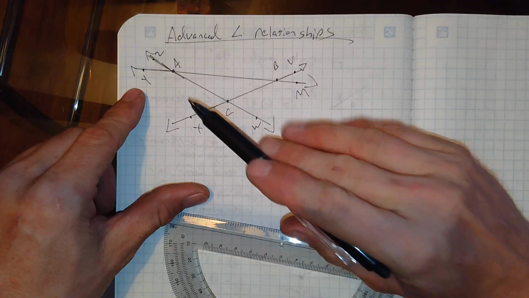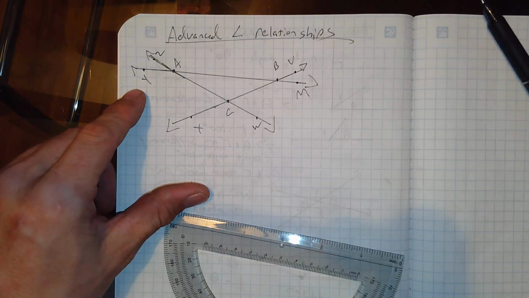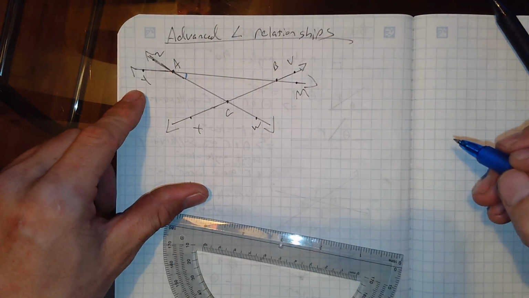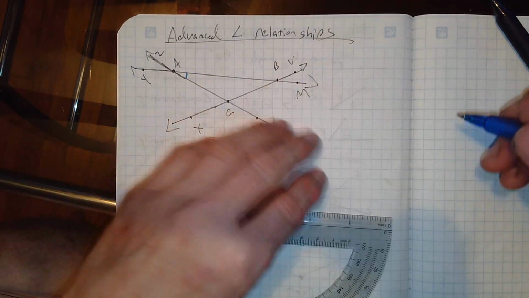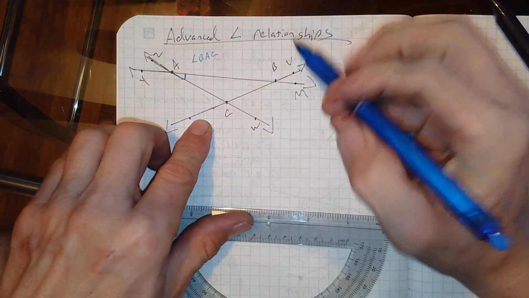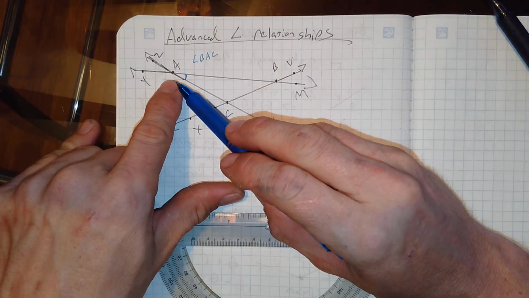So we use a three-letter system to identify angles. Let's talk about this inside angle right here. This is angle BAC. It could also be CAB, but what's important is that the middle letter is the vertex.